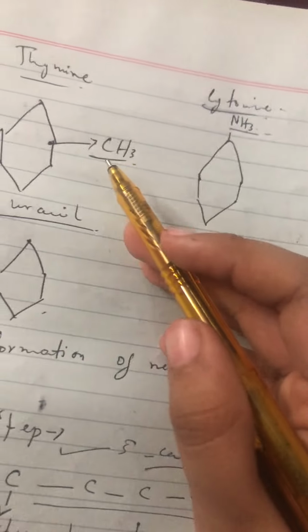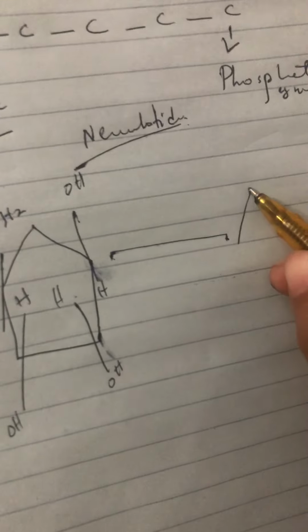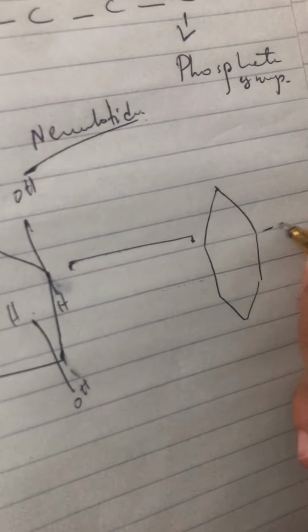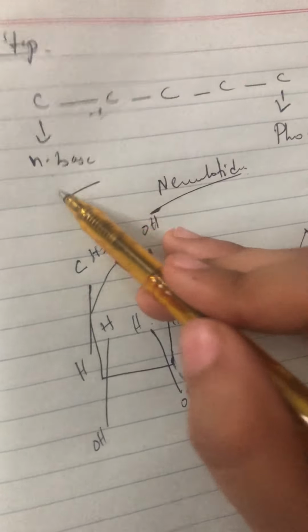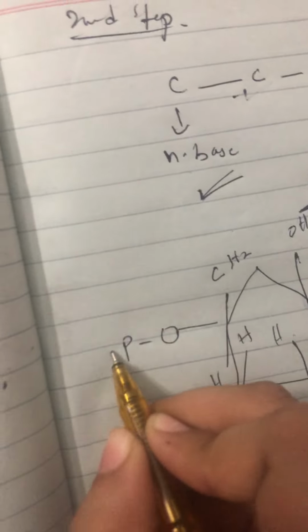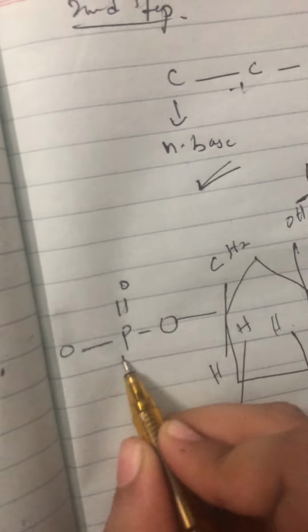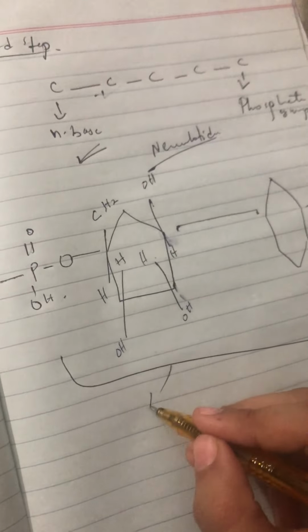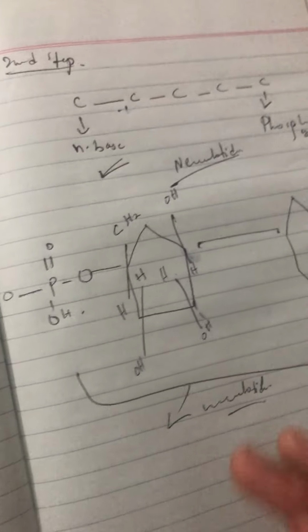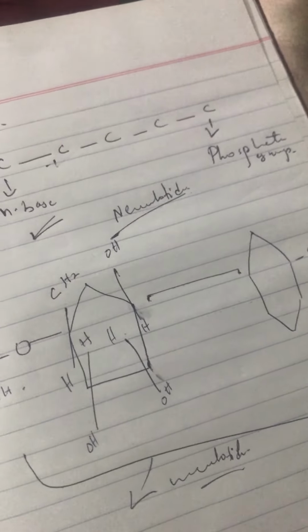What was the structure of thymine? You can see here. After that, the pentose sugar and nitrogenous base are done. Now the phosphate group. This is a phosphate group. Now this is the structure of the nucleotide, right? This was the formation of the nucleotide.